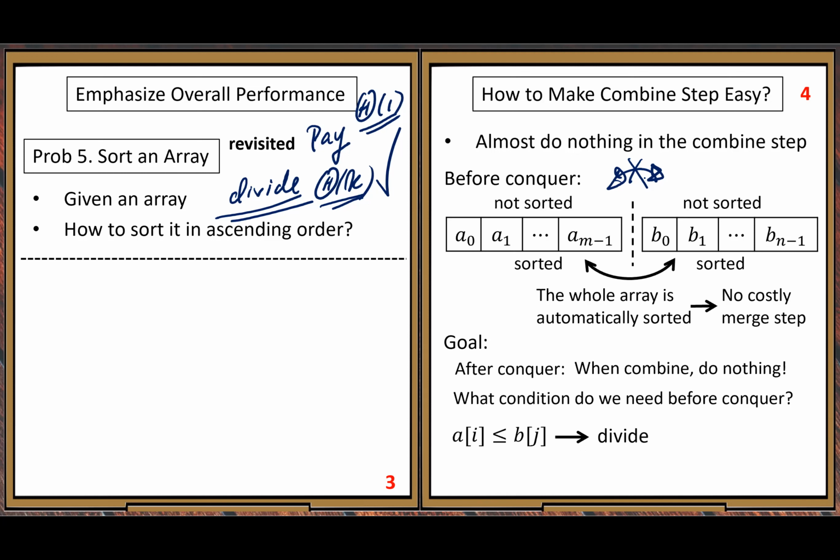So the hard work is how you can get that property in the divide step. That's the critical part of this algorithm. If we get this critical step, then we're done, right? Then the whole sorting algorithm is there, because we just apply the recursion, and we can get the whole array sorted.